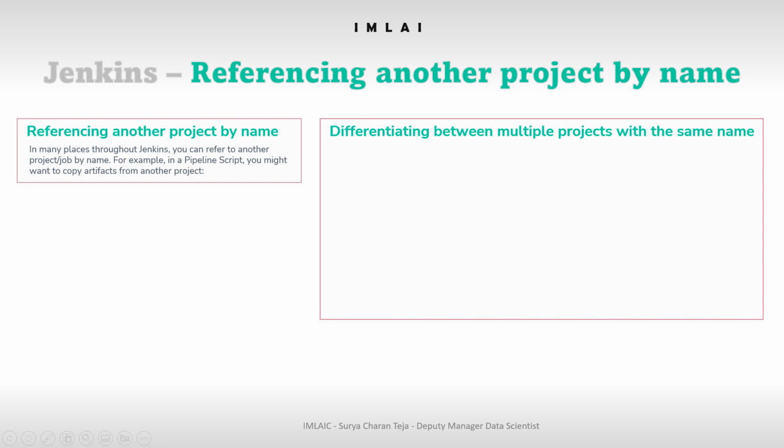So there are two types of paths. One is absolute paths. Absolute paths begin with a forward slash and refer to a project by describing the complete path to navigate to the project from the home page of your Jenkins instance.